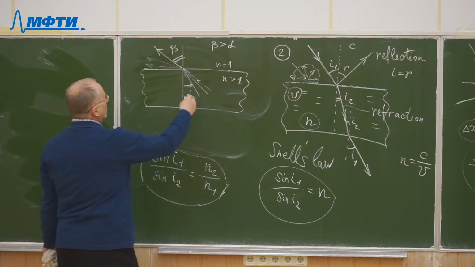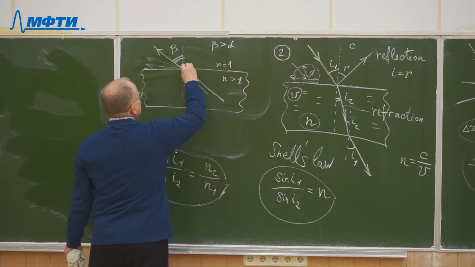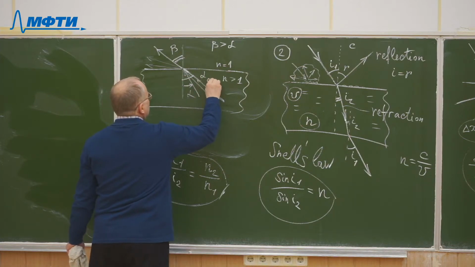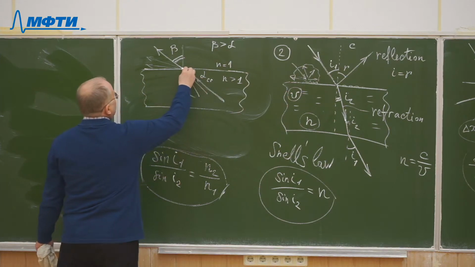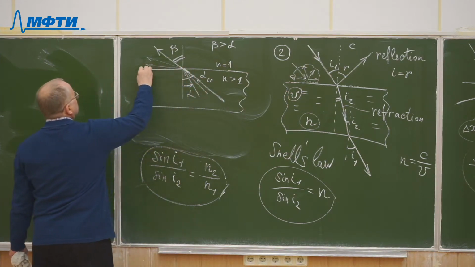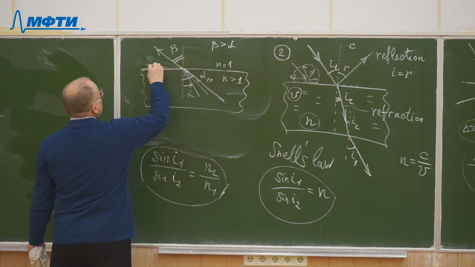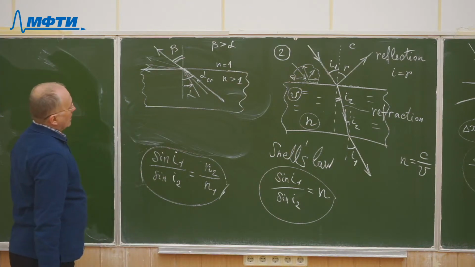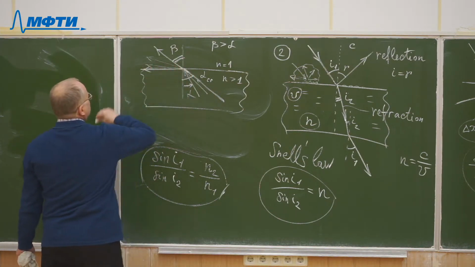And there will be some point, there will be such a ray at such an angle alpha, the critical angle, when the refracted beam will go along the surface. It means that no light will go out of this glass plate. All the light will go along the surface.